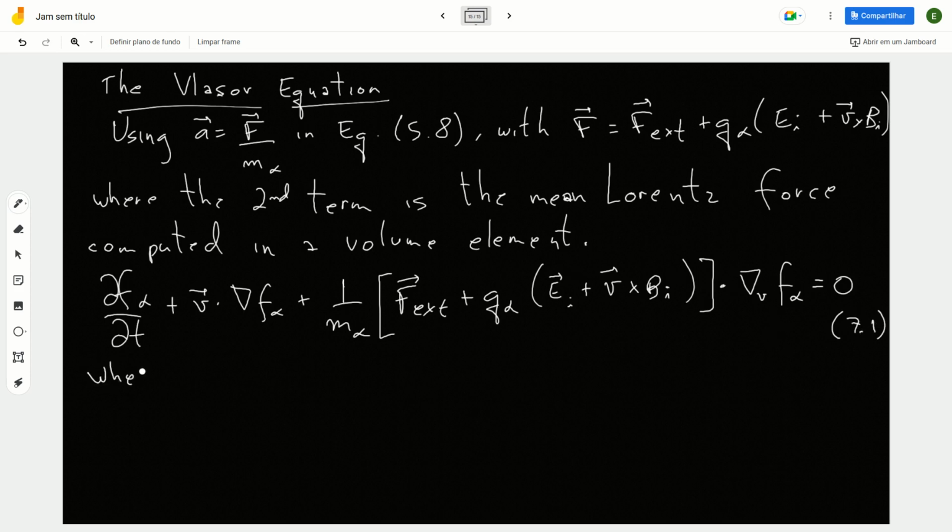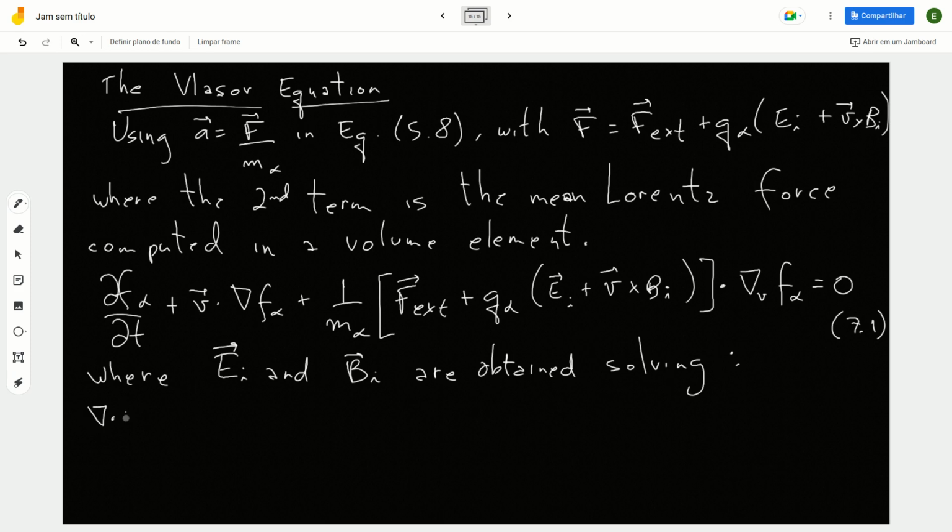We have E_i and B_i, and they are obtained by solving Maxwell's equations.